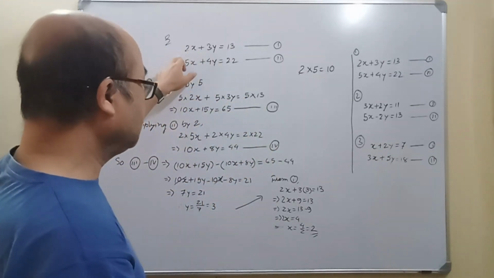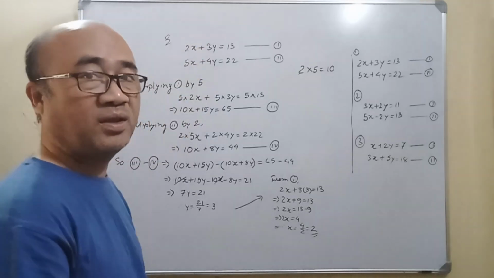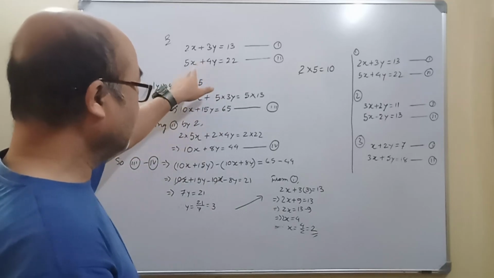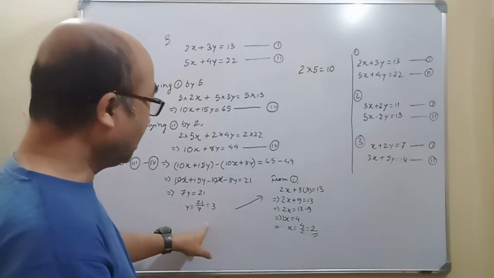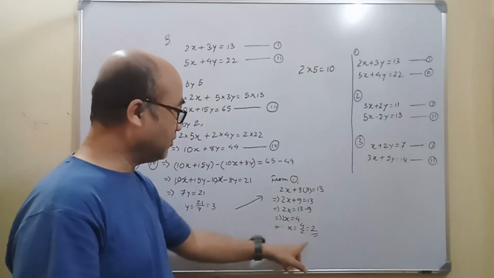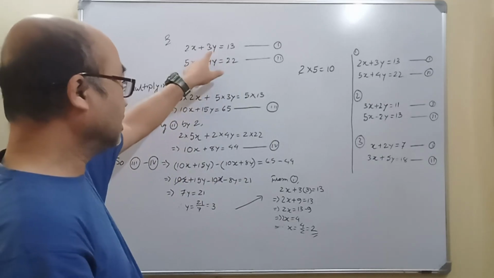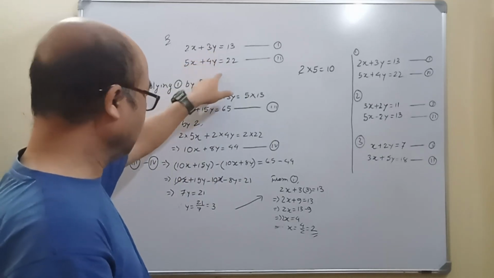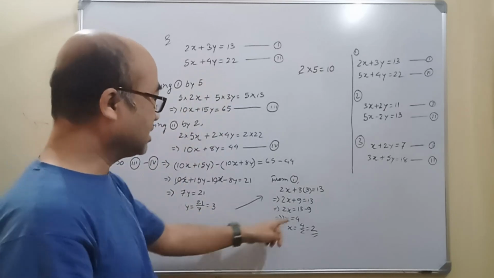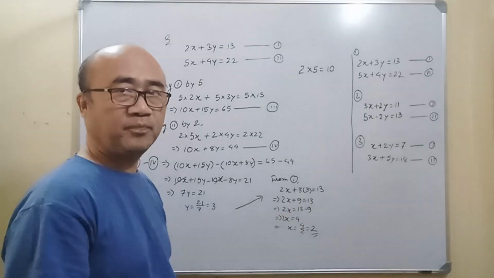Here I made the coefficient of x equal in both the equations so that I can subtract them and eliminate the variable x. Then I will get the value of y, and then by substitution I get the value of x. So you can do the same by making the coefficient of y equal also, then get the value of x, then substitute it and get the value of y. So both will work.